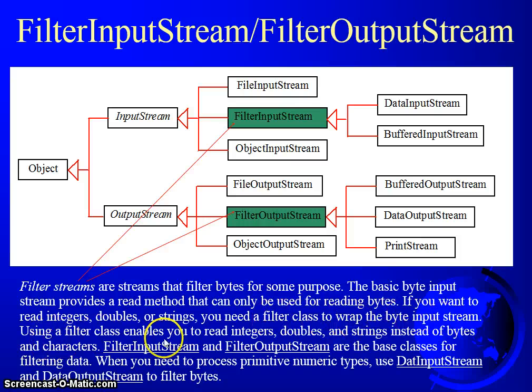Using a filter class enables you to read integers, doubles, and strings instead of bytes and characters. Pretty much, like I said, if you just use InputStream, we're just dealing with 1s and 0s. You can't just read input as numbers, right? So you have to use the FilterInputStream if you want to deal with integers, doubles, and strings.